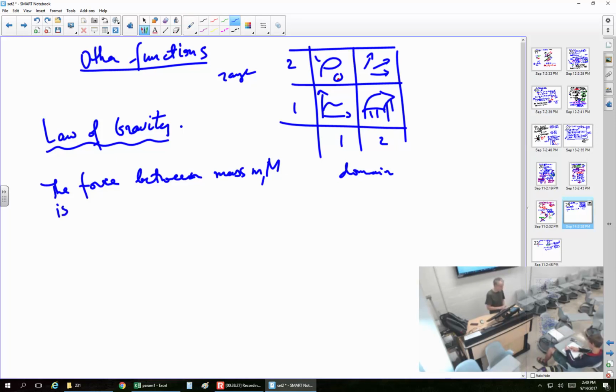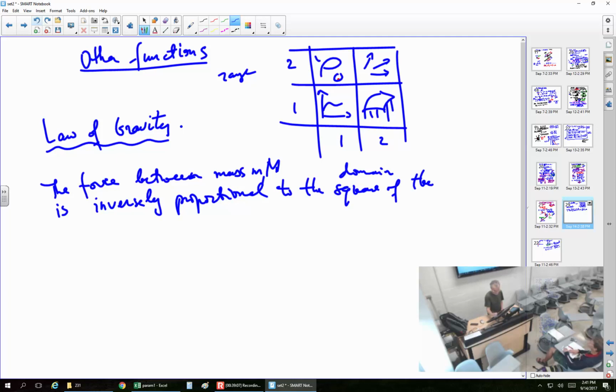What do you remember about the law of gravity? The force between them is inversely proportional to the square of the distance between them. Yeah, that's right. This is what I want to especially spend time looking into. Inversely proportional to the square of the distance between their centers.